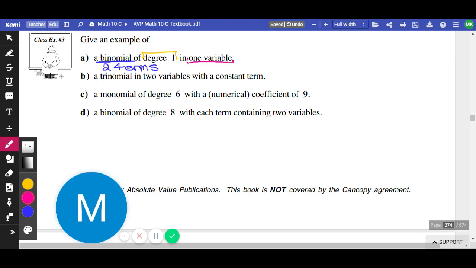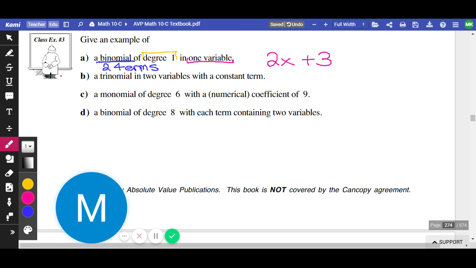So if we want to do an example of this, you could go something like this. 2x plus 3. That is a binomial. It has 2 terms. The highest exponent is a 1, degree 1. And there's only one variable, right? The letter x.